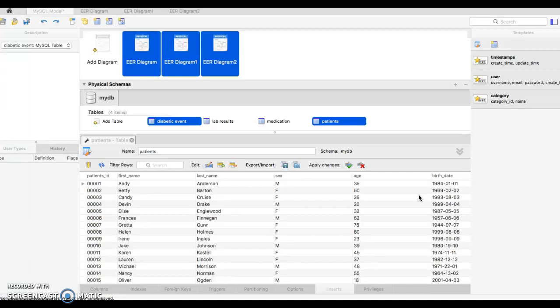So, a little bit of background information before we get into the diagrams and the project. I looked at a bunch of different diabetes databases in order to get an understanding of what was expected for this project.